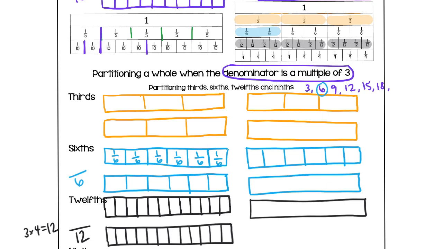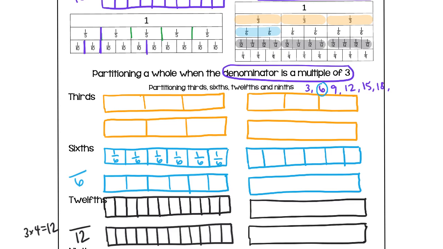One more time. So you might be saying, man, is there an easier way for you to say this, Miss Tuxhorn? Possibly. You have your whole, put it into thirds, cut each third in half, cut each sixth in half. Bum, ba-dum.